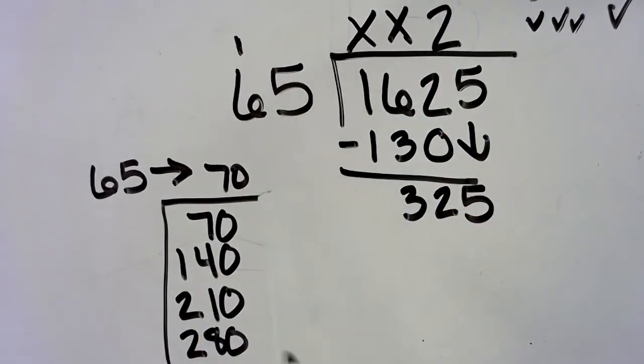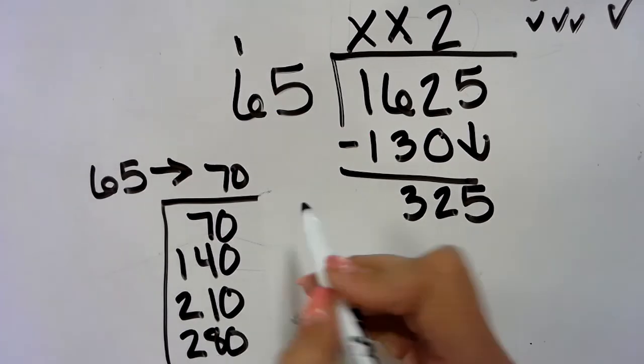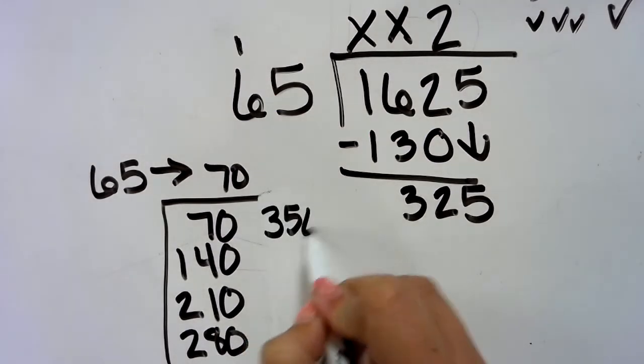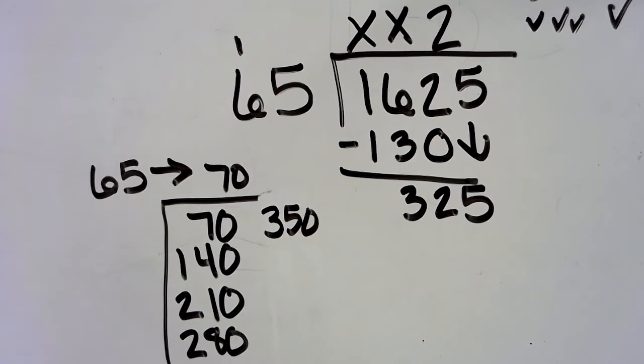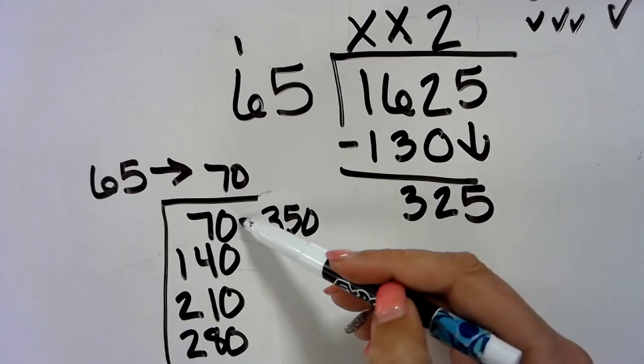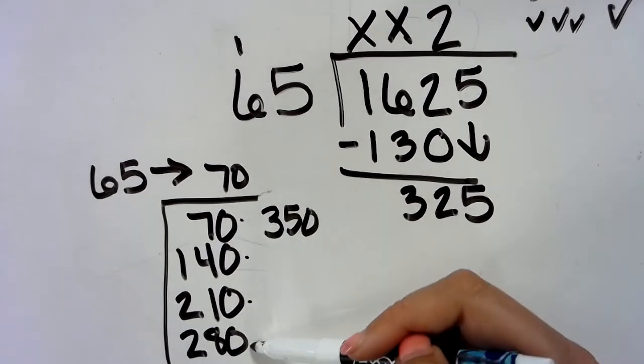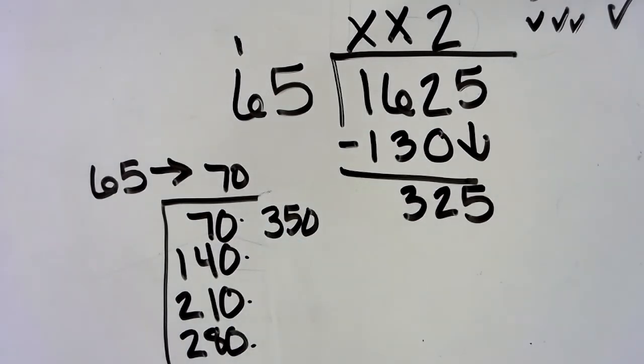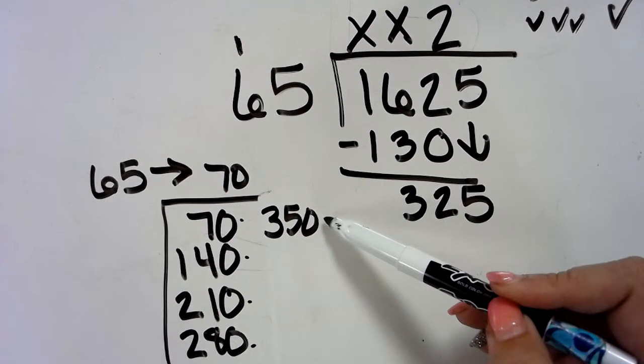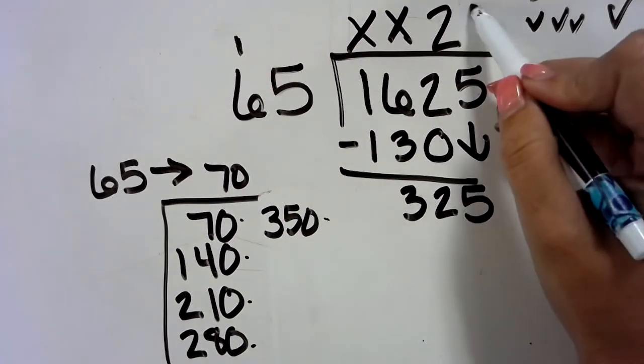So 28, and if I add another 7, well, here I know 7 times 1 is 7, 7 times 2 is 14, 7 times 3 is 21, 7 times 4 is 28, 7 times 5 is 35, and if I add the 0, so 350. So I busted. So I know that that 280 is going to be a good starting point for me, right? 1, 2, 3, 4. And it might be 5, but I'm going to start with 4.